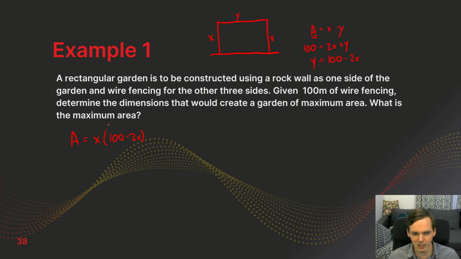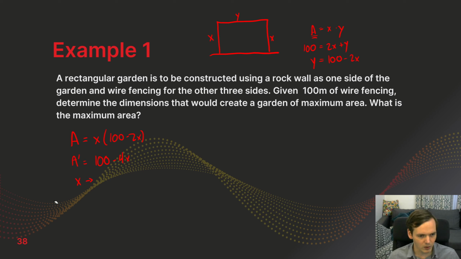If I find the maximum of this function, it will let me know what my maximum area is. So A prime is going to be equal to 100 minus 4x. If you distribute and then take the derivative, you should see that we get this. That means that our x, if you do some algebraic rearrangement, should be equal to 25.